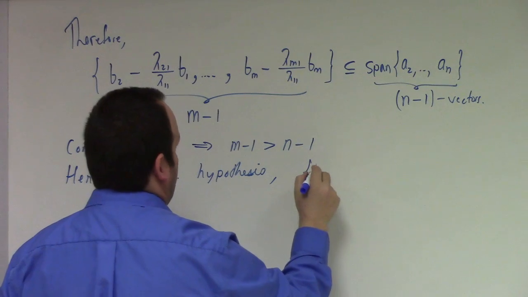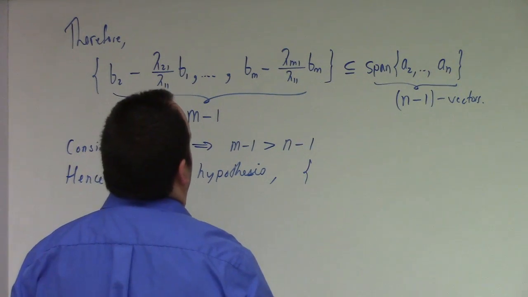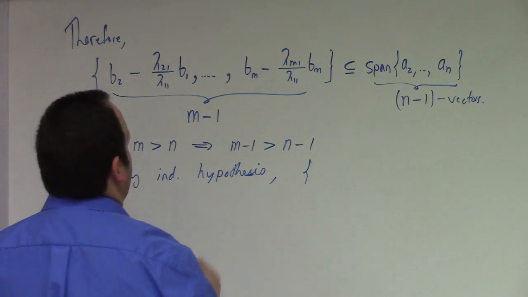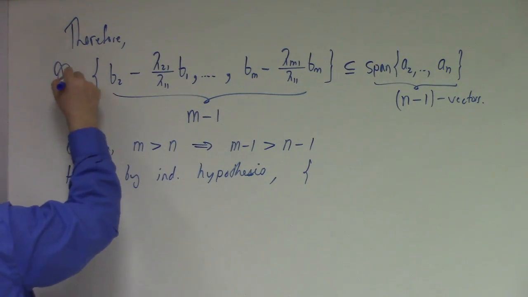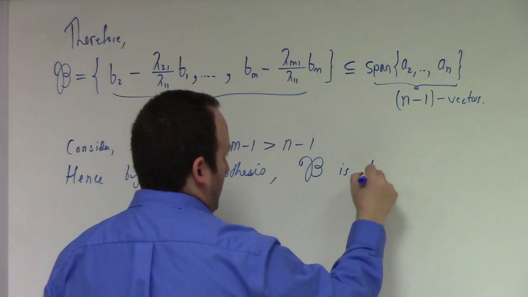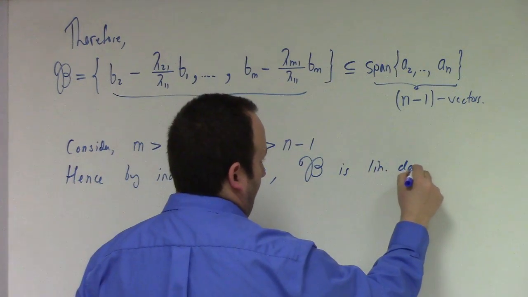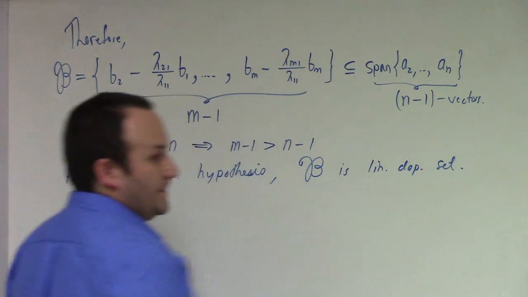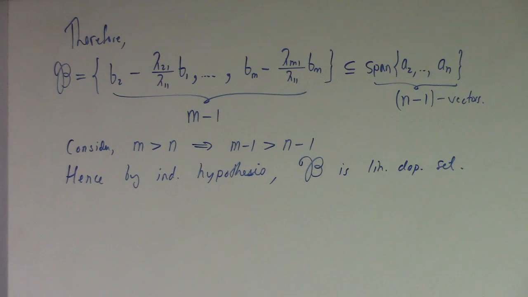we have that, oh man, I'm very tired of writing that. Let me call this thing B. We have B is what? A linearly dependent set, right? And then what does that tell you?